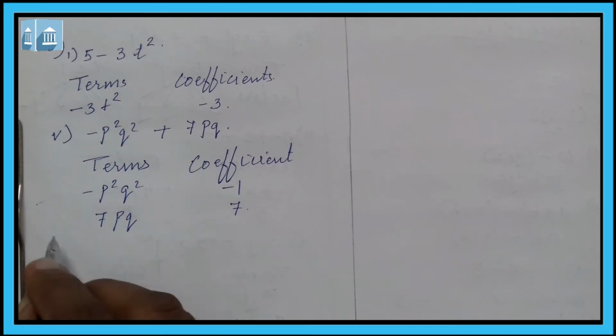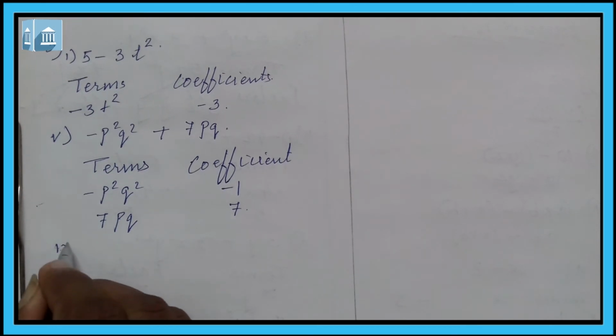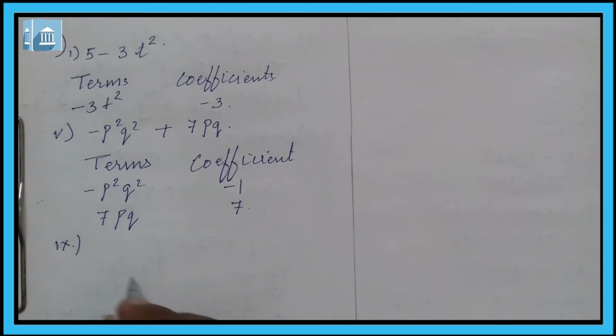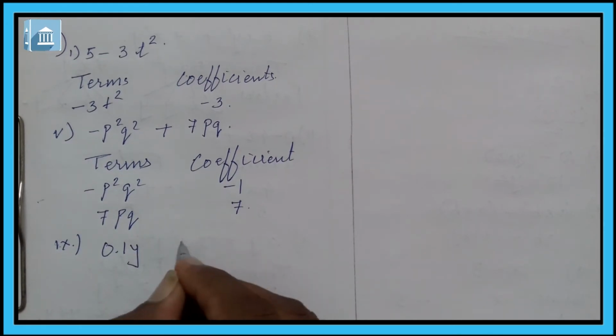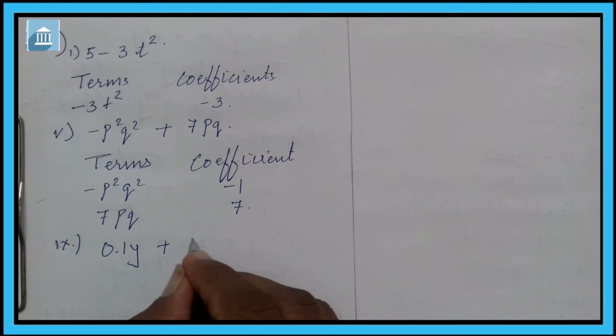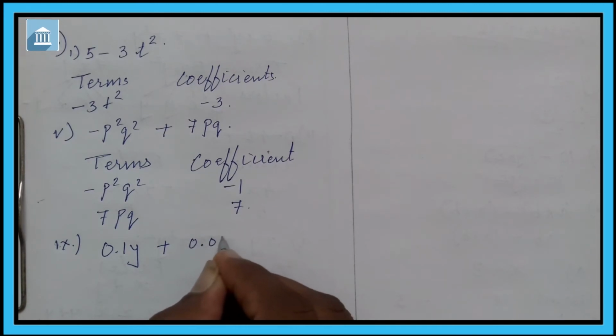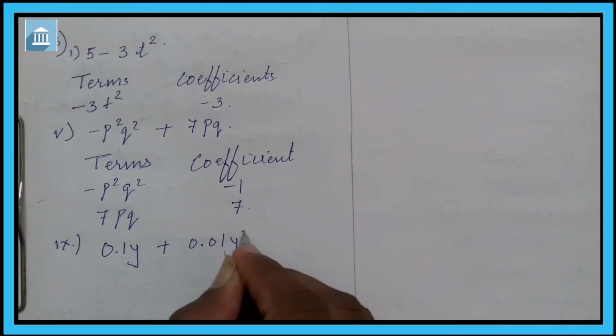Now let us see question number 9. Question number 9 is 0.1y plus 0.01y square.